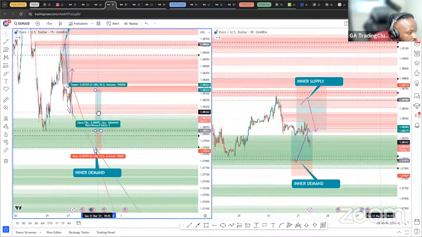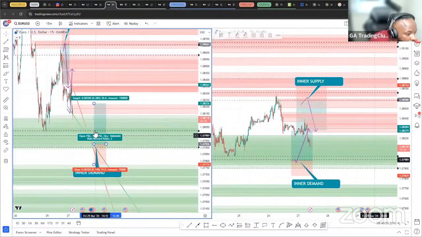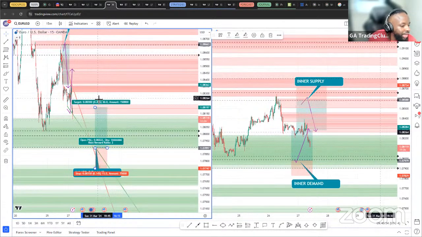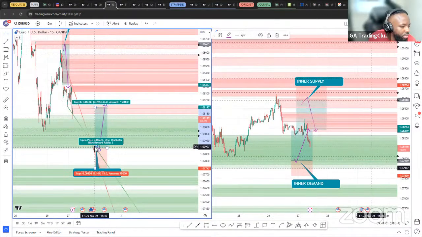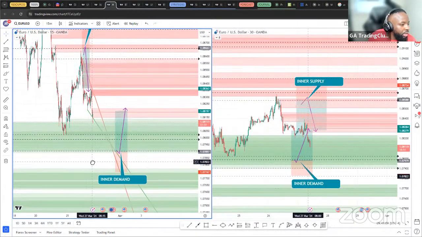Let me see how big this would be. So somewhere at 1.0, actually just at the bottom of this, 1.07897. That would be my ideal buy on EU. But again, I'm not trading EU as much anymore. It moves a bit too slow for my liking, even on these zones, but that's the buy area for EU.